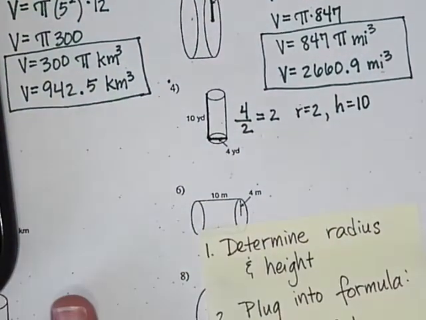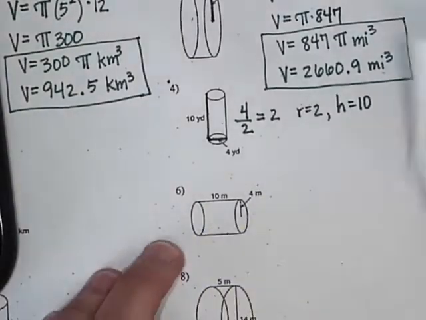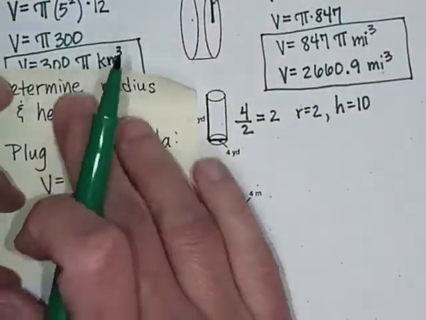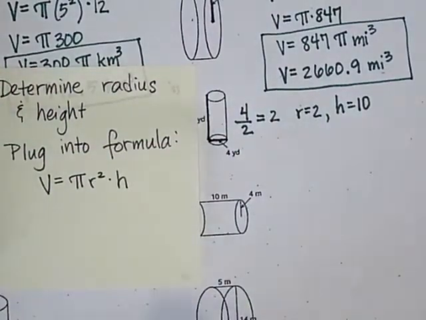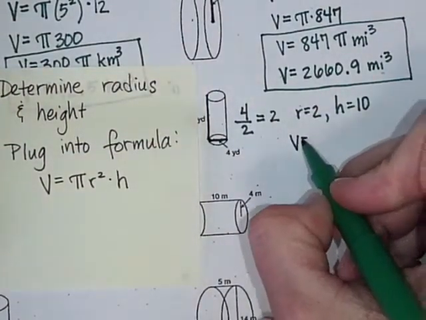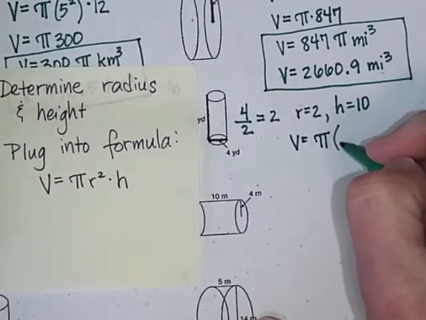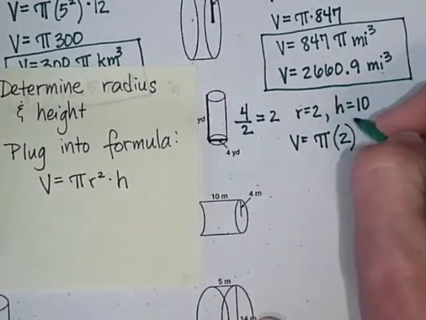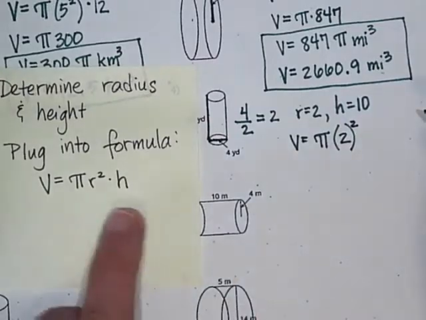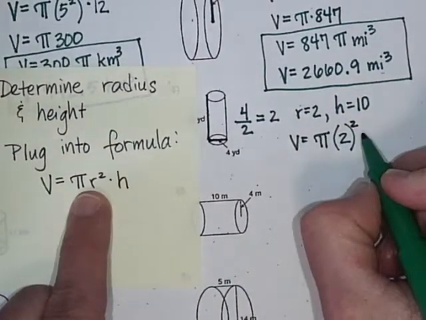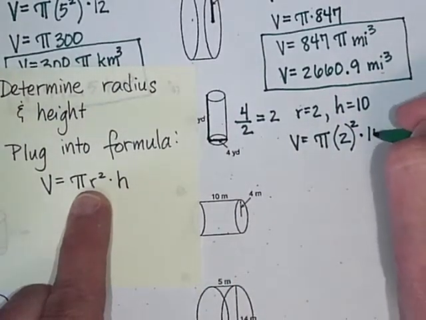Okay, then step 2 is plug into the formula. V equals pi r squared times height. Put this here so we can see it. All right, V equals pi, r is 2, so we'll put in 2 instead of r. We have to square it because of the formula, times the height, which is 10.